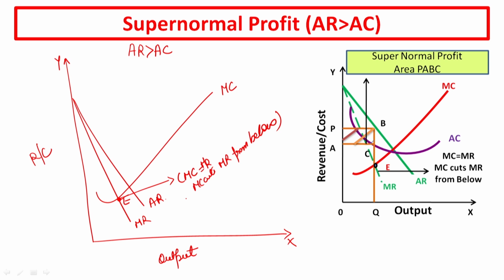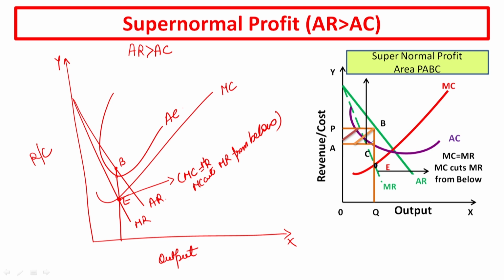And then you have to draw the average cost. As you are earning a supernormal profit, that means your average cost must be below the average revenue. That means this is your average cost. Now if you join the point upward, this is point B touching the average revenue.